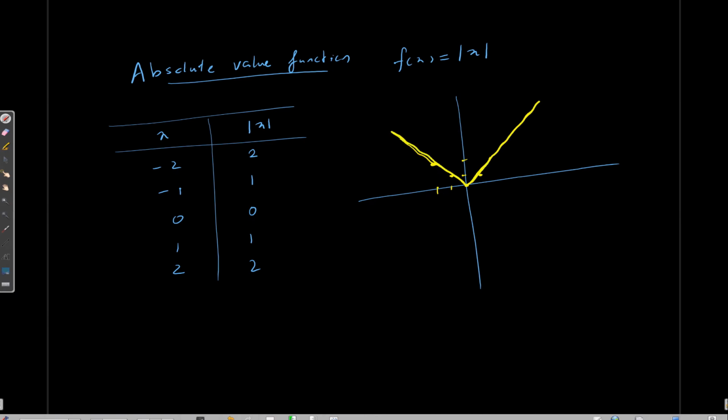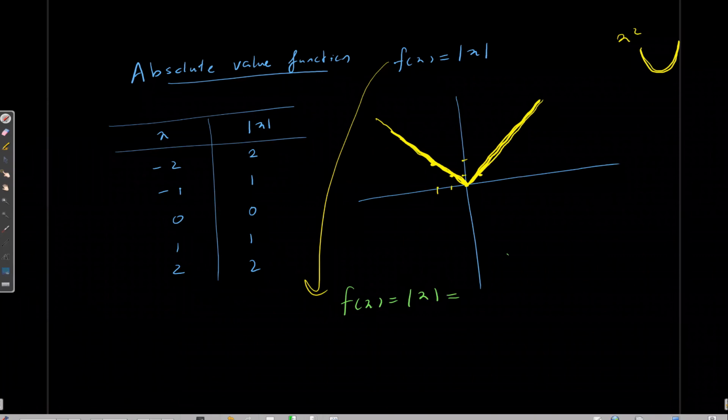Remember, this is not x squared. It looks like a parabola, but here, there is a sharp point, a sharp vertex here. It's two lines, which makes perfect sense because if you remember, the definition of absolute value, we learned this, x and negative x. x is when x is positive, negative x is when x is negative.